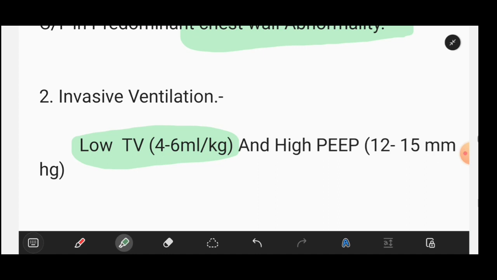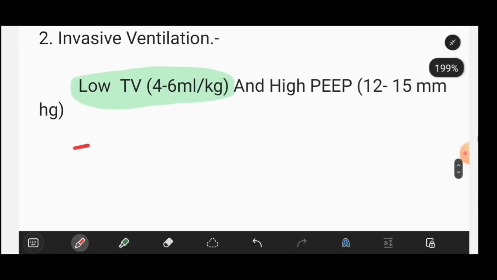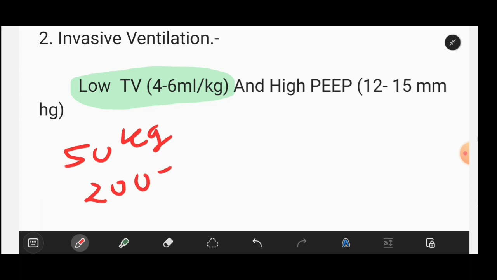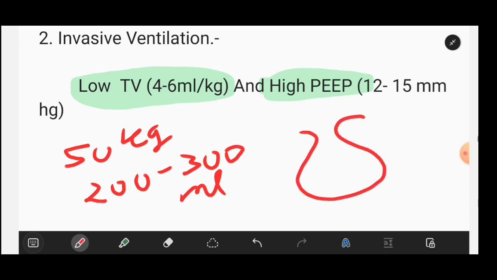It means if the weight of the patient is 50 kg, then we will keep a tidal volume of 200 to 300 ml, and there will be high PEEP. PEEP is positive end-expiratory pressure. What is PEEP? This is the pressure in the alveoli which prevents the collapse of the alveoli. We have to keep it at 12 to 15 mm of Hg.